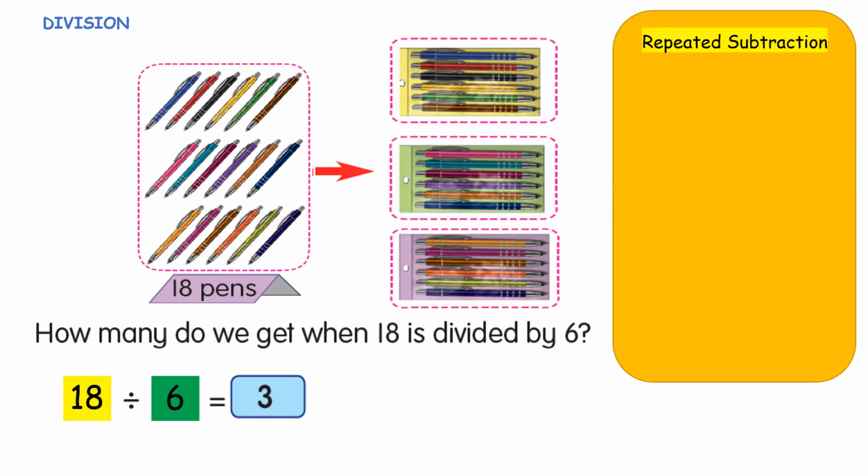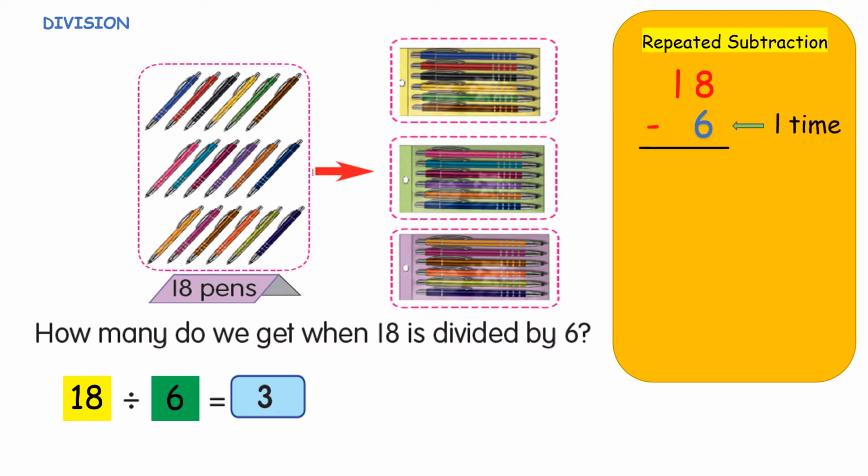But today we are going to learn another method to divide these 18 pence. We are going to use repeated subtraction. Firstly we write 18 because there are 18 pence altogether, and then minus 6 because we are going to divide it by 6.